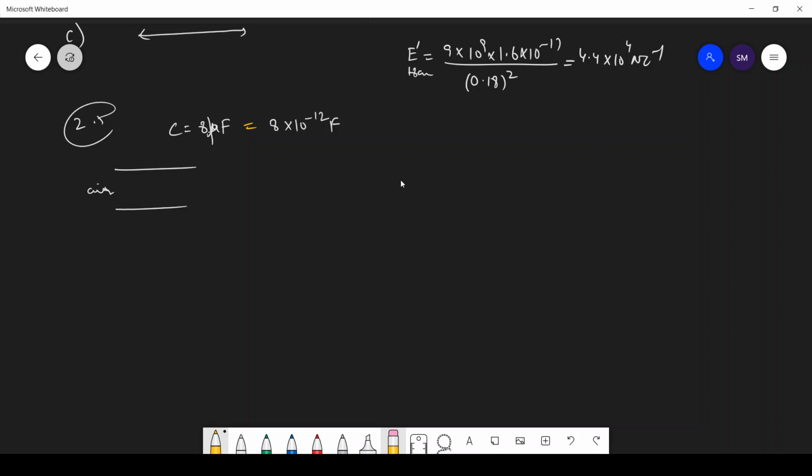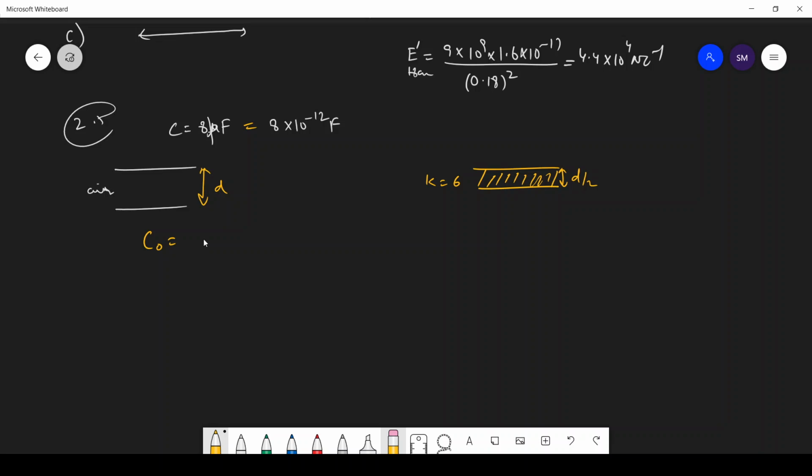Now what will be the capacitance if this distance d is reduced to d by 2 and the space is filled with a dielectric, and the dielectric constant is 6. So what is the formula for this?